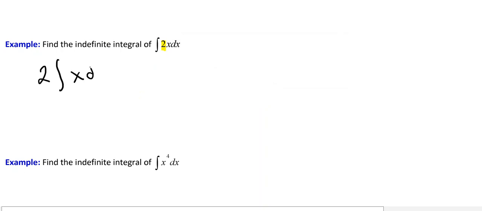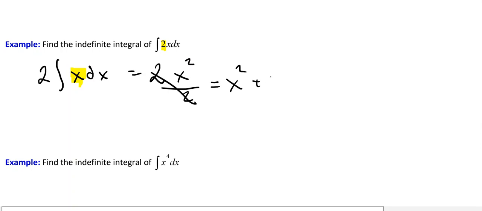Just get the constant out of the way. Now we're going to apply the power rule to this. And when we do that, we're going to get 2 times x, add 1 to the power, and then divide by that. The 2's cancel. You're left with x squared plus c, which we already knew because this is one that we also figured out before.